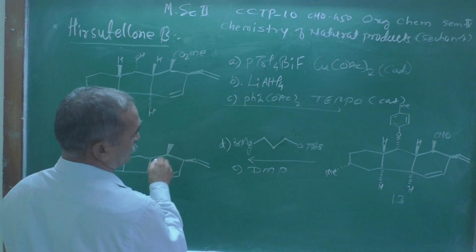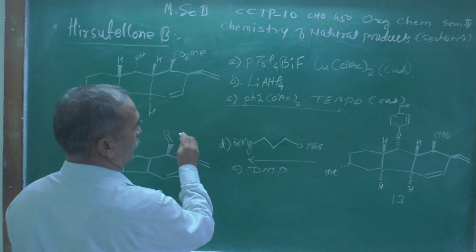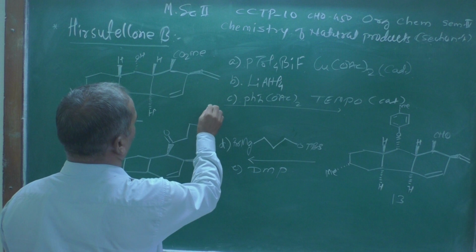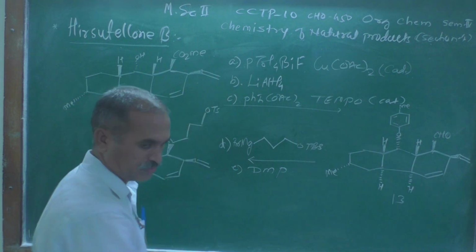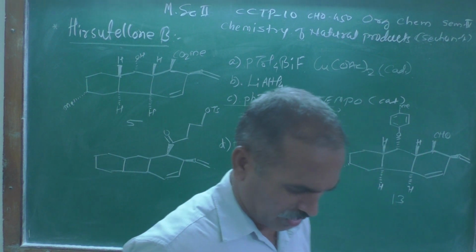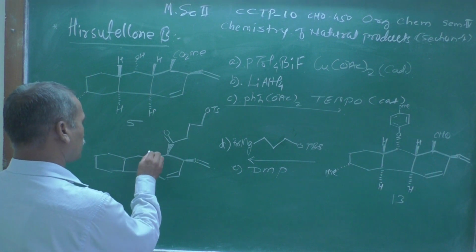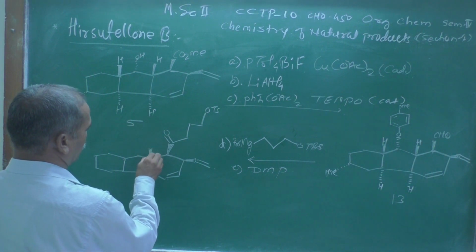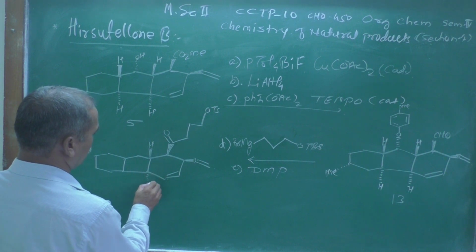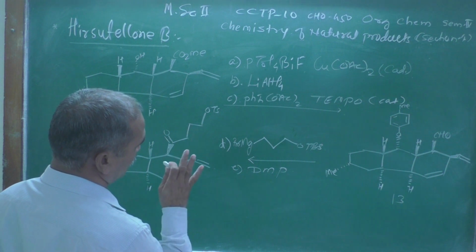Here the changes are going to occur. Here you are going to get a carbonyl group, then OTBS, CH2, CH2, CH2, and then OTBS, and the rest of the part of that organic compound remains as it is. At this junction, the hydrogen atom which is above the plane remains as it is. Here hydrogen atom, no change in stereochemistry.